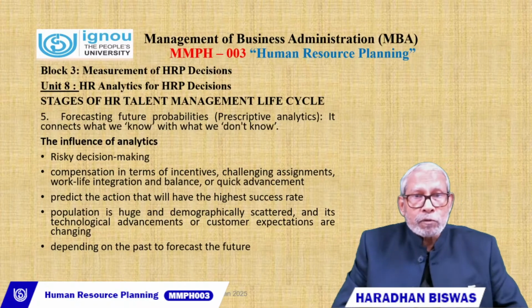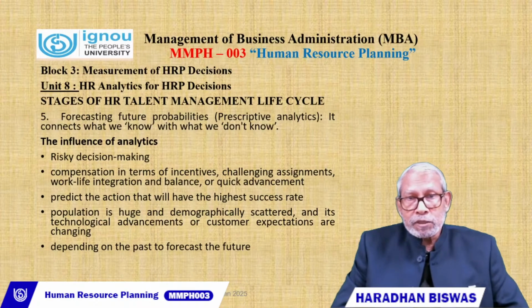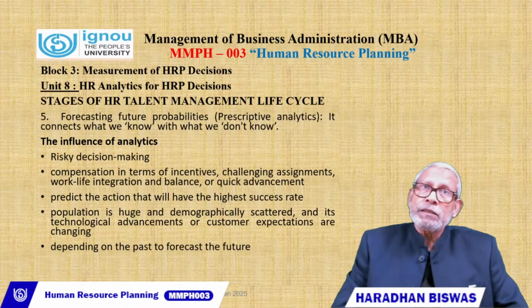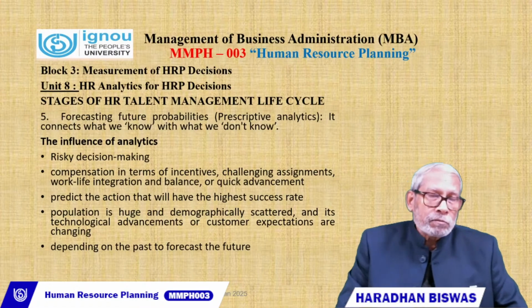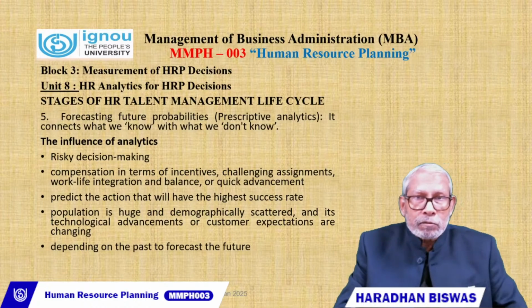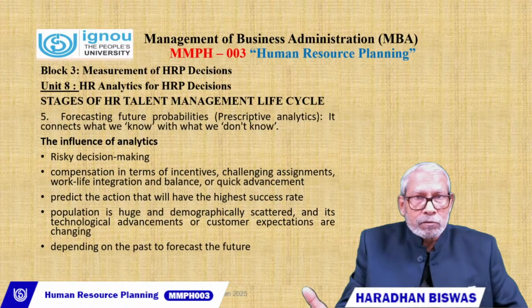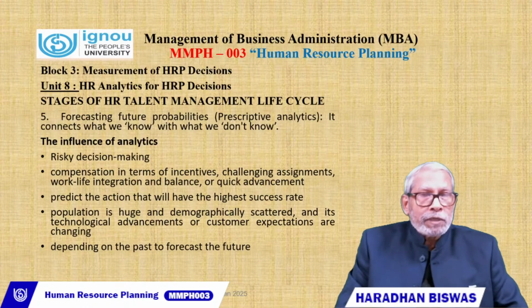Population is huge in demography. As we know, demographically the population is scattered, and with technological advancement the customer expectations are changing. So maybe this is one of the influence points. Suppose you are selling a mobile in a village area where the mobile cost is not affordable for that area. Definitely your sales will decline because people are not able to buy.